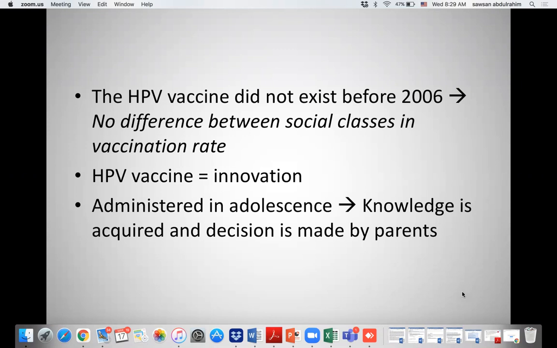But of course, there are cultural issues because the idea of the vaccine is that you give your daughter a vaccine when she's 11 or 12, because if she becomes sexually active a few years later, then you're protecting her from this virus. And the parent is thinking, well, my daughter is not going to be sexually active. I'm not going to allow that to happen. So these are the cultural factors that are at play, in addition to the cost.